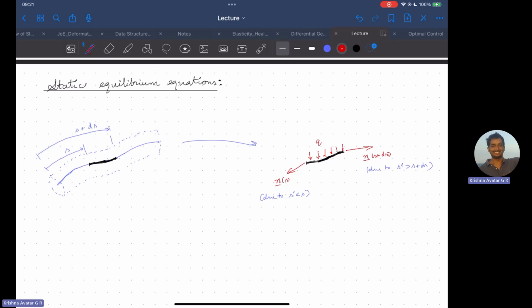Let's call it p vector of s, or n vector of s. Sometimes I say let's use p vector of s. P vector is the distributed load here.